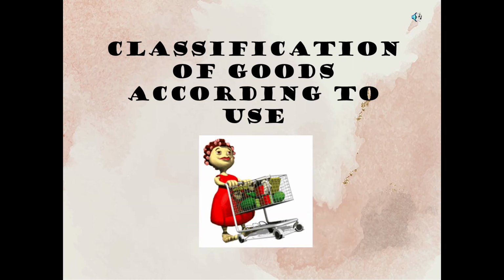Goods may also be classified according to use. They could be consumer goods, capital goods, industrial goods, essential goods, luxury goods, and economic goods. Kindly read and understand each definition.